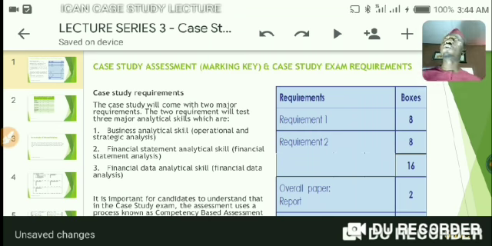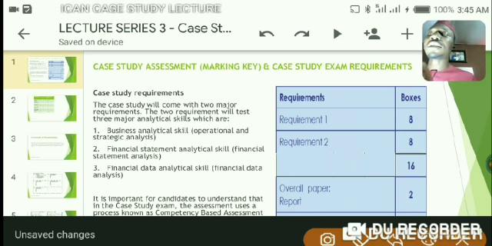If you go to around November 2006 up to November 2019, go and study the requirements given in these papers. You will see that ICAN has not set more than these 3 requirements or 3 analytical skills that I will show to you now. So what are these analytical skills?